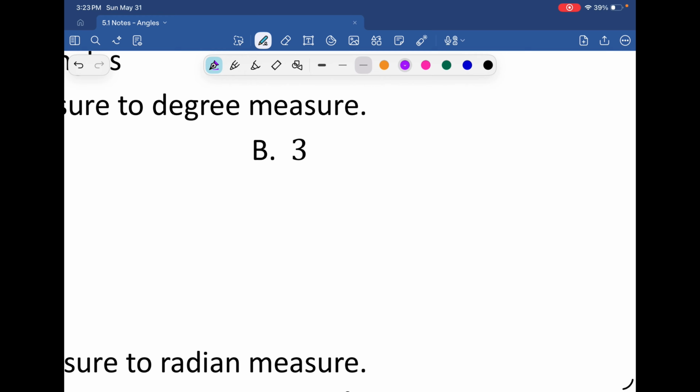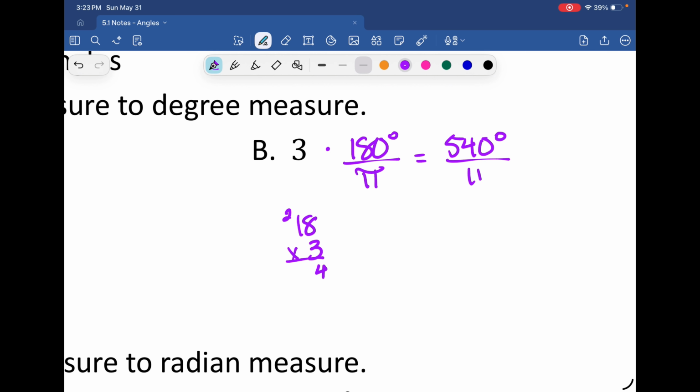So to convert it to degrees, I'm going to multiply by 180 degrees over pi. It's not going to be pretty, but it is what it is. So now I got to think 3 times 180, me without my calculator. It's 540, so 540 degrees over pi.